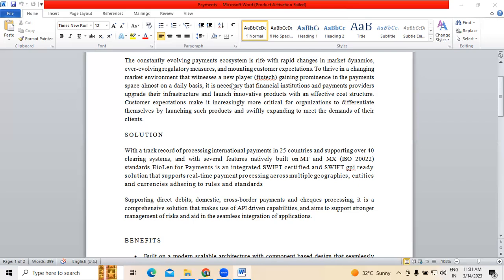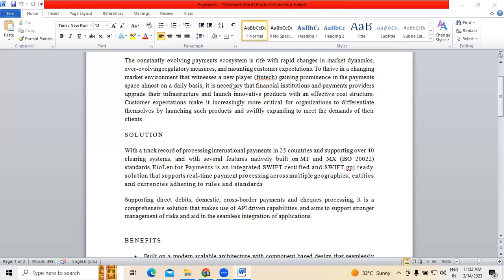EOLN payments is an integrated SWIFT certified and SWIFT GPA ready solution. SWIFT certified and SWIFT GPA are solutions used for international transactions, and whatever transactions we do, everything is based on the codes, not on the currency. That's the point we should understand here. So such SWIFT certified and SWIFT GPA ready solutions is what EOLN is developing.